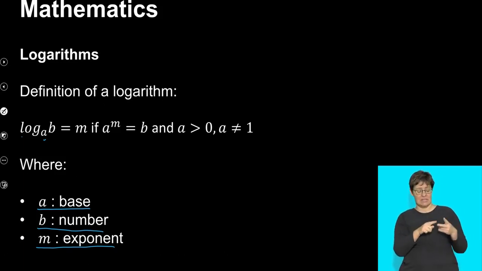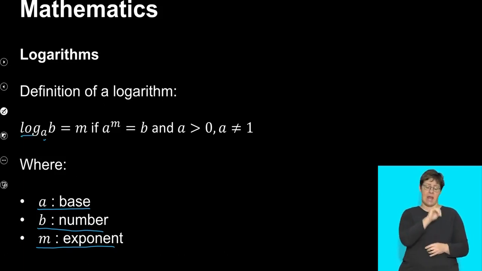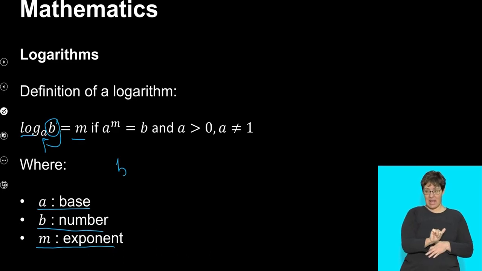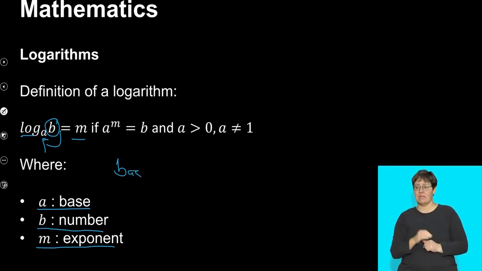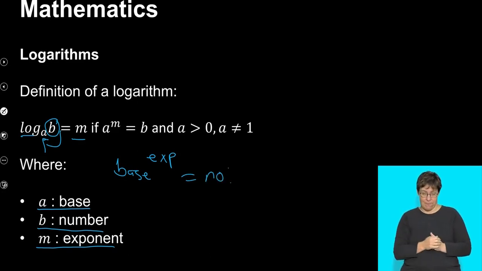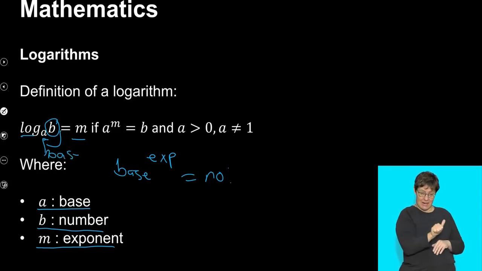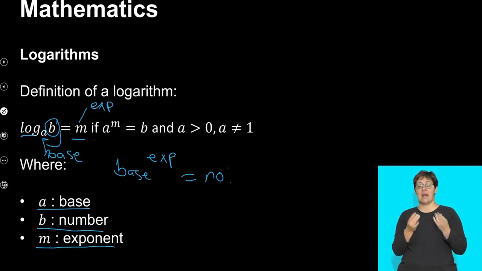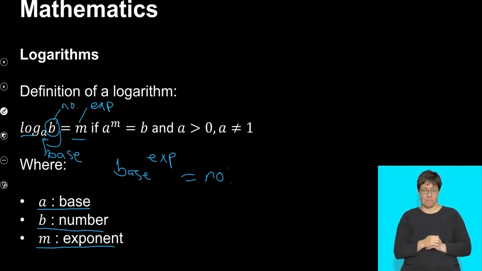So you say log of b base a is equal to m. And this is the same as base to the exponent is equal to the number, right? Remember, my base is a, my exponent is m, and my number is b. So in simple terms, this will be a to the exponent of m is equal to b.